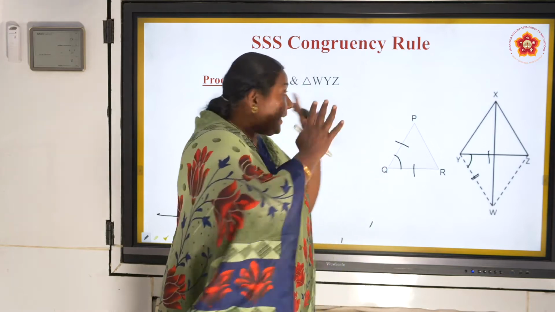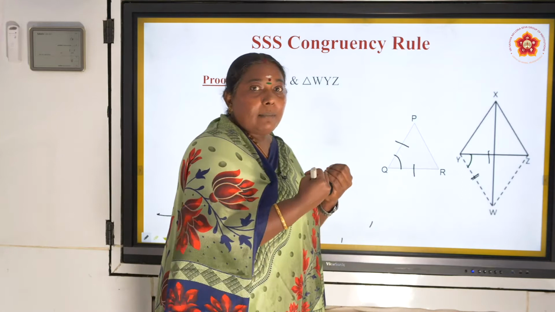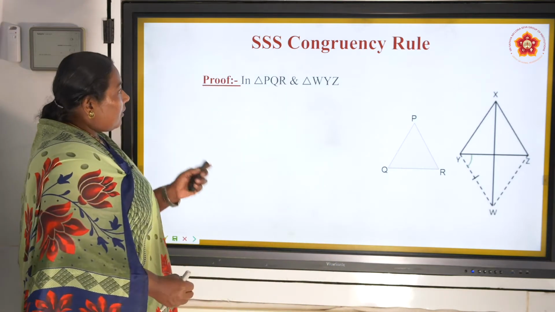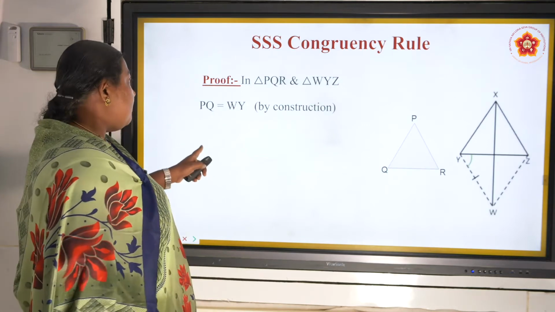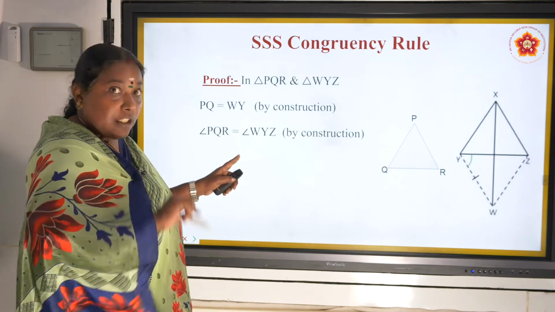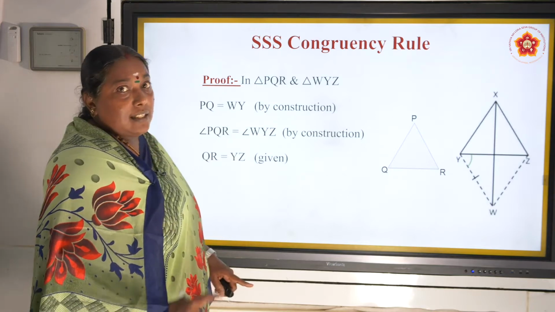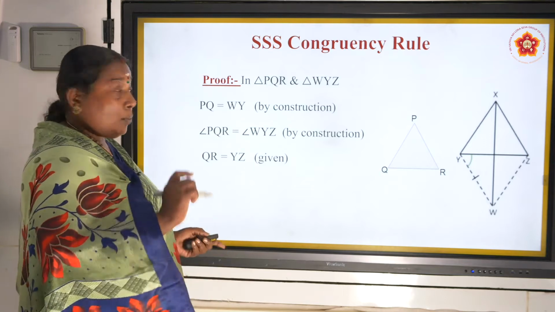So I'm not writing anything. I'm just looking at the figure and bringing my pattern. Right? Now let us write it. PQ is equal to WY as per my construction. Next, angle Q is equal to angle Y. That is also my construction. Now, QR is equal to YZ, that is given because both the triangles have equal corresponding sides.